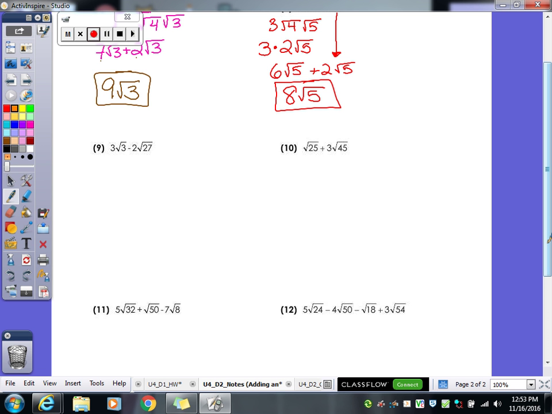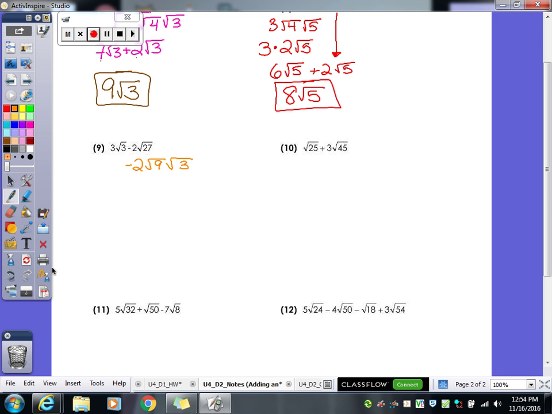All right, so again, looking at 9, don't have the same radicals. I got a 3 and a 27. We know we can't reduce a 3, but we can reduce a 27. What's our perfect square that goes into 27? 9. And then what goes in the other radical? 3. Very good.